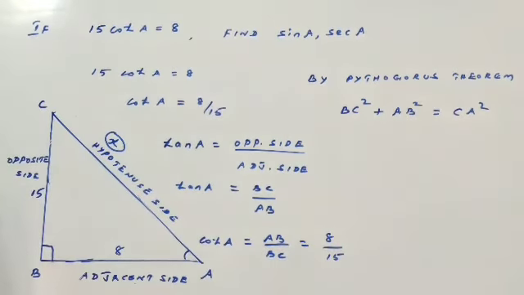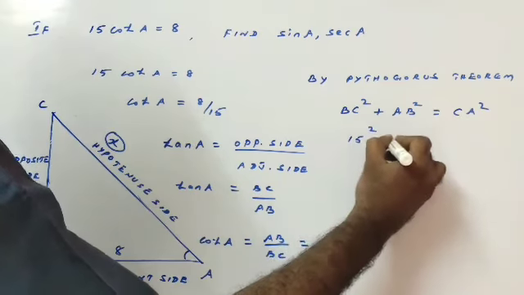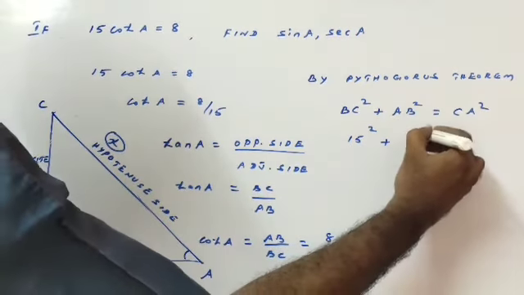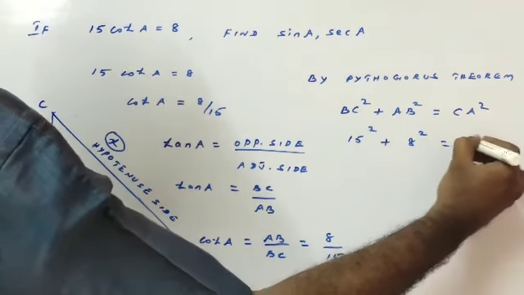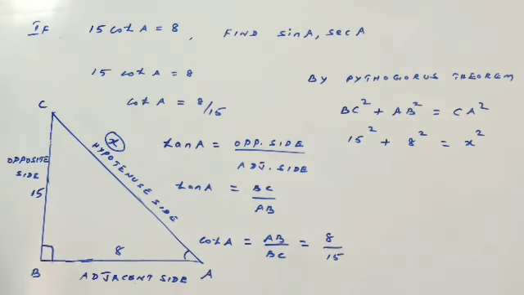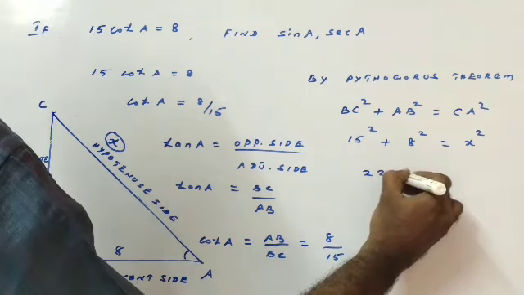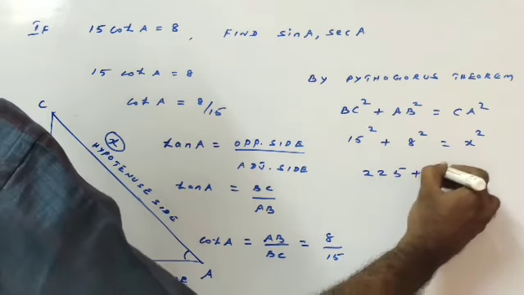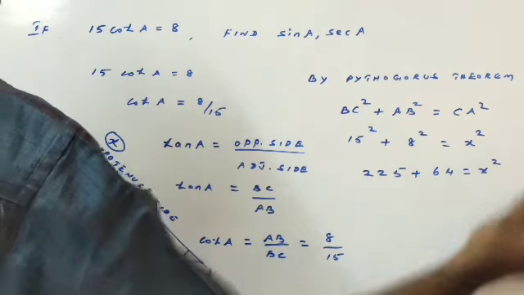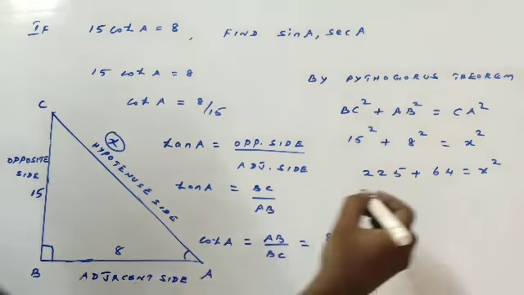For BC you are going to put 15 square, and for AB put 8 square. For CA, x square. 15 square gives 225. 8 square gives 64, equal to x square. Adding 225 plus 64 gives 289.